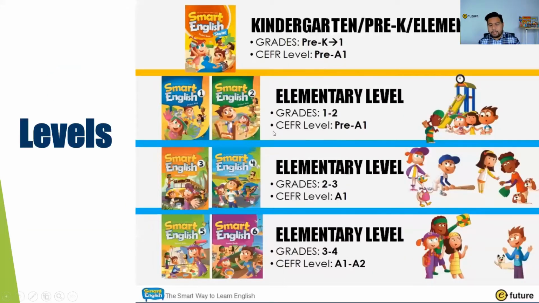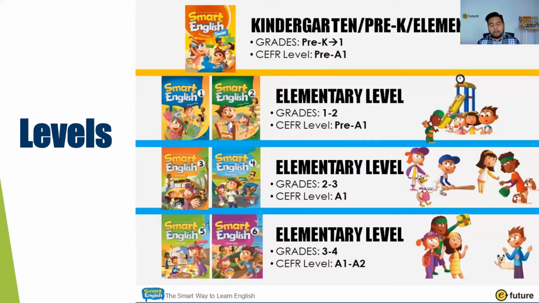So, Smart English. As you can see, there are 7 levels, okay? So we have 7 books, starting from the pre-K starter book up to level 6. These focus on the CEFR scale, going from pre-A1 up to A2.